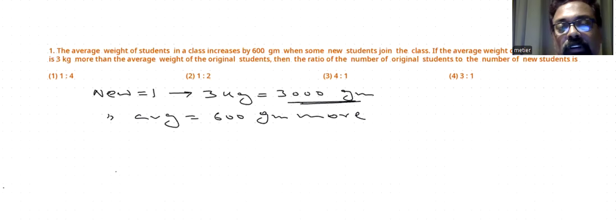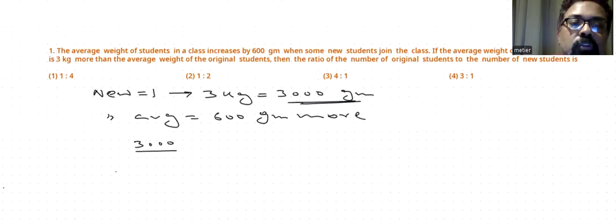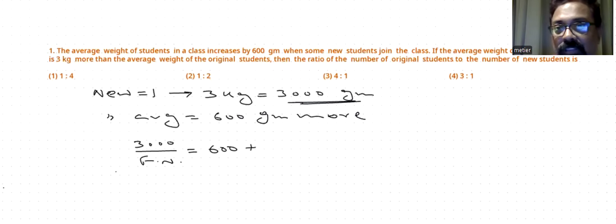One student contributes 3000 gram, and when we calculate the average of the final number of students, this extra 3000, when divided by the final number of students, will give you 600 extra, because extra gives you extra. Extra in the additional part will give you the extra in the average.